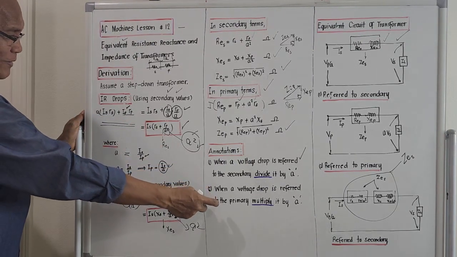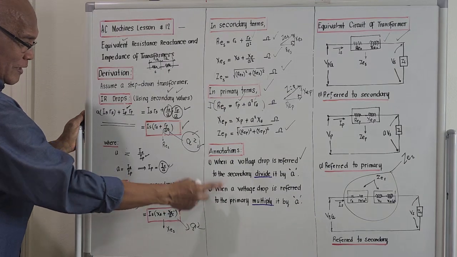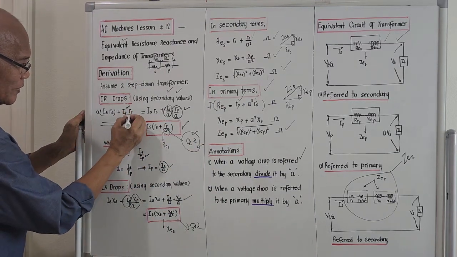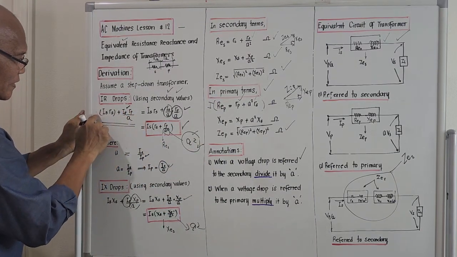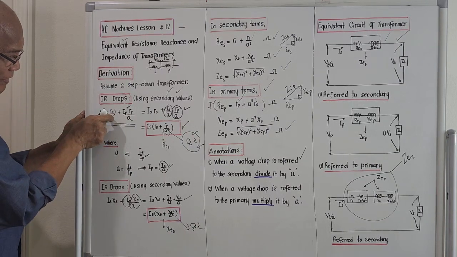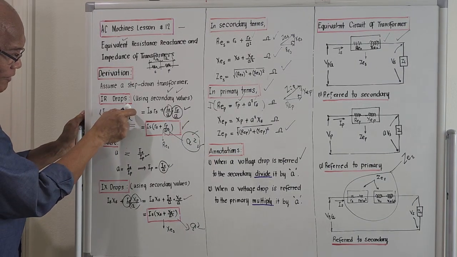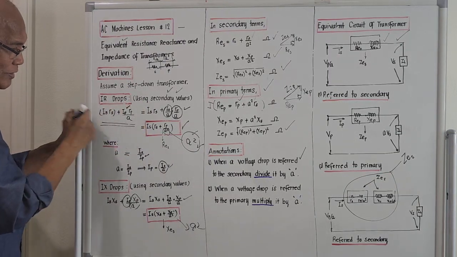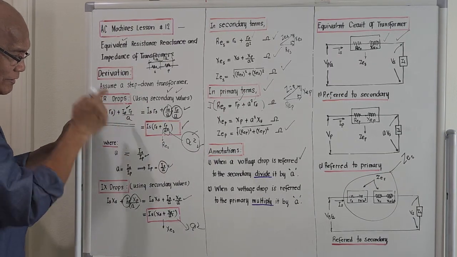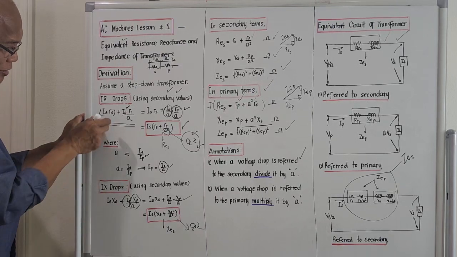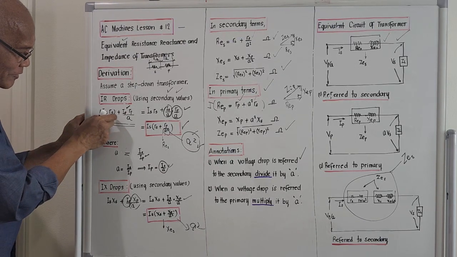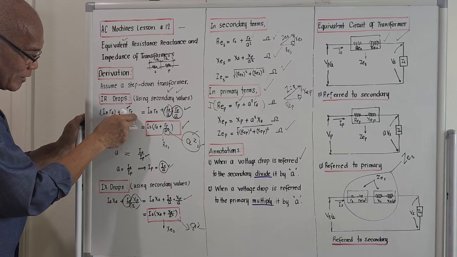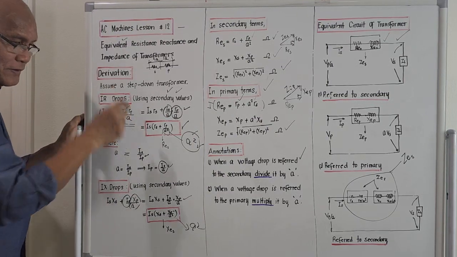That's annotation number 2. Annotation number 1 actually emanates from this. This is the primary voltage drop, but for it to be added on the secondary, we must divide it by A. So this will now be secondary. This will be the secondary equivalent of the product IP RP.